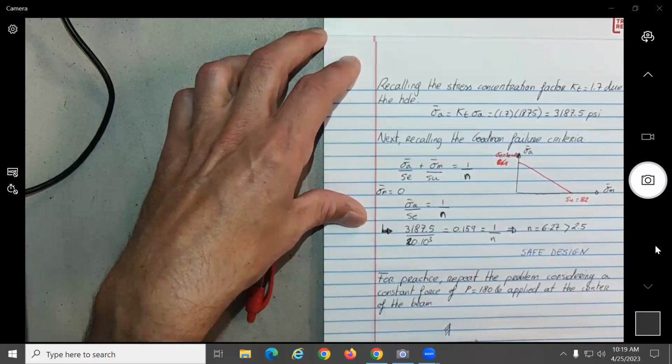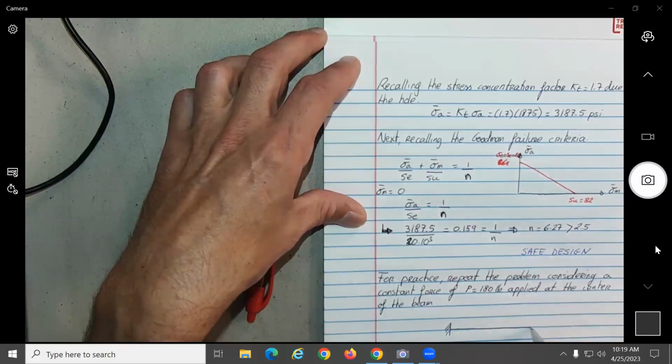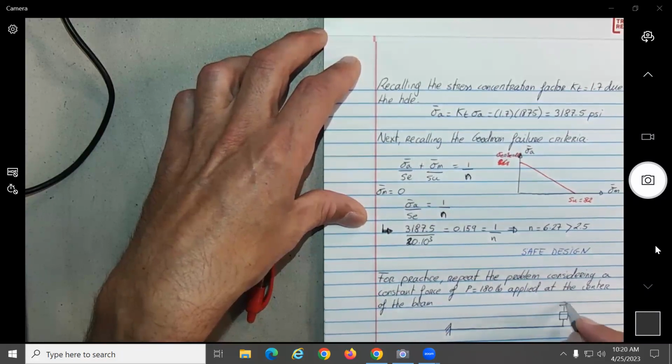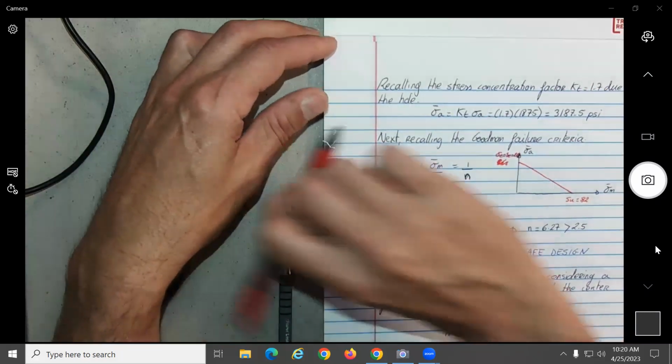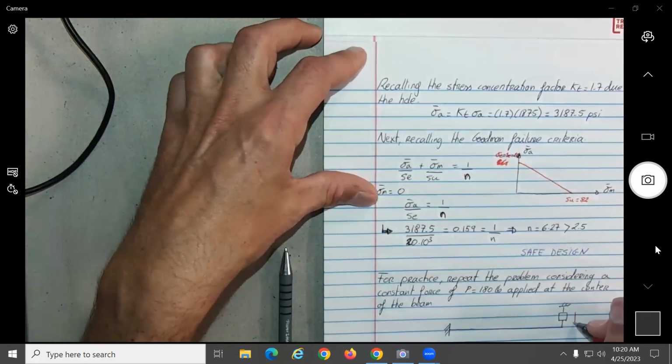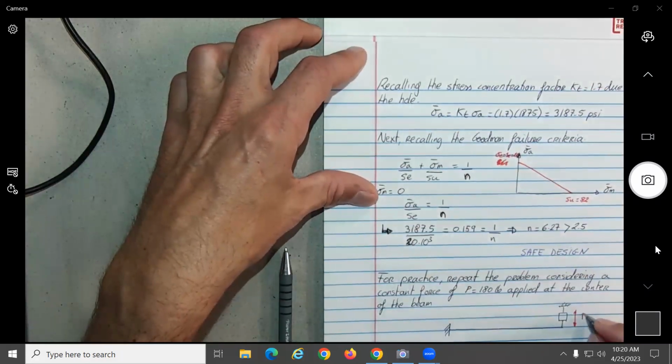So basically we have the same thing, our shaft here, F equal plus minus 200. But let's say we have here a force P of how much, we say 180.